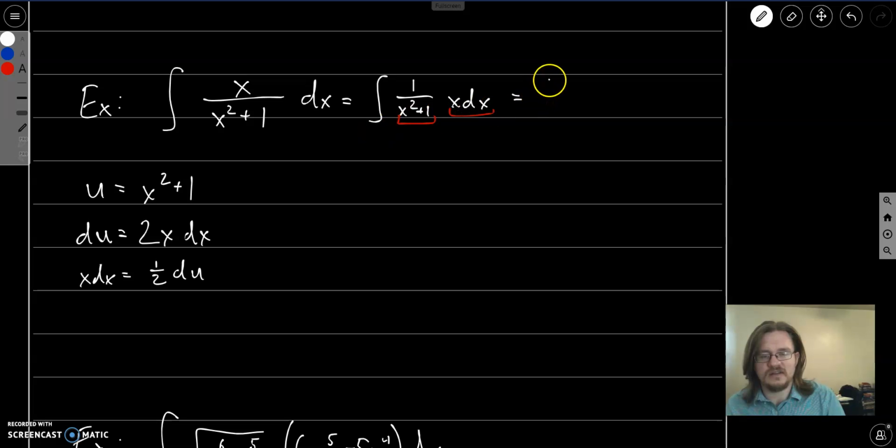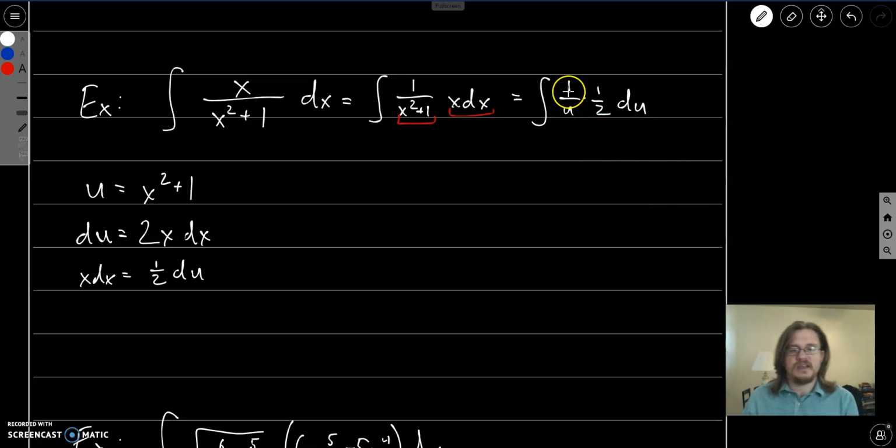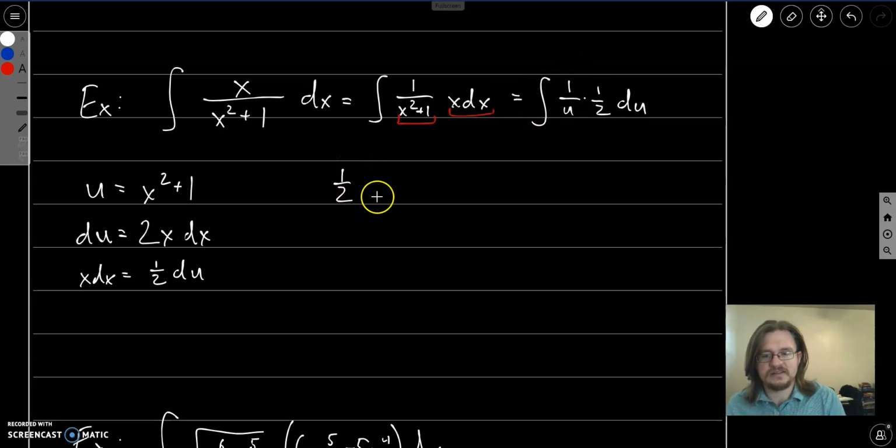So I can make that substitution. This is going to be the antiderivative of 1 over u, and then x dx is going to be 1/2 du. So we're multiplying everything in here. So, okay, let's take the antiderivative. The 1/2 can just pop out because the antiderivative of anything times a constant is just going to be the constant pulled out times the antiderivative.